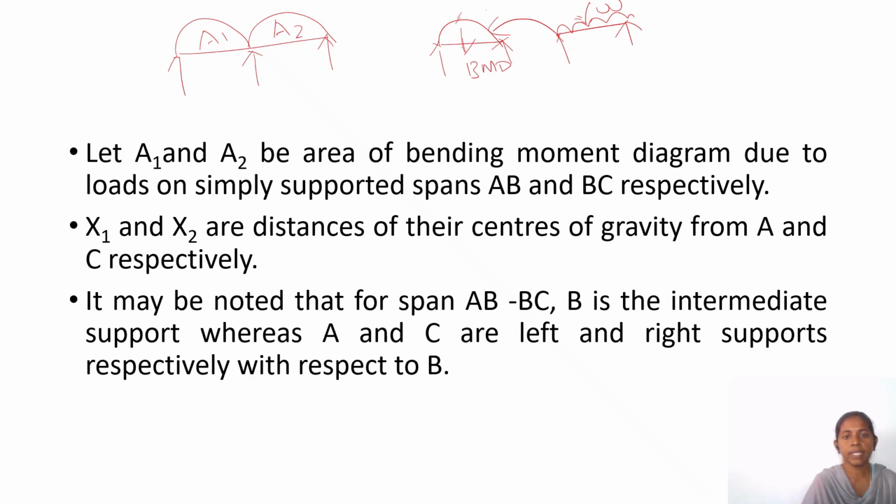So we have considered a UDL load in a simply supported case for L1 and L2. x1 and x2 are the centroidal distances from A as well as from C. In the previous slide we noted x1 and x2. It may be noted that for the spans AB, BC, B is the intermediate support where A and C are the left and right supports respectively with respect to B.